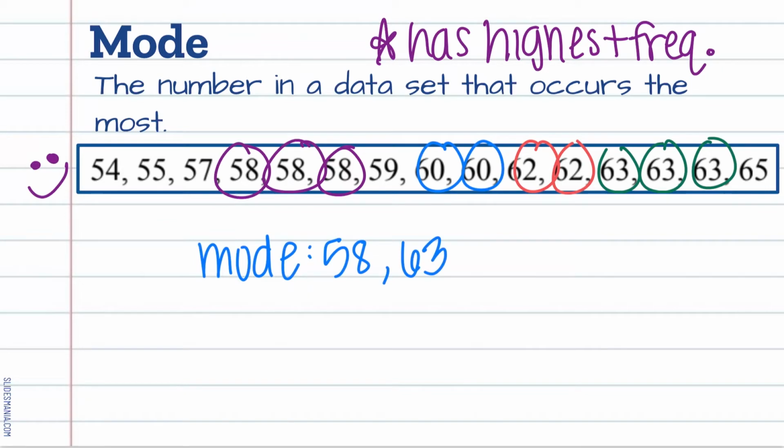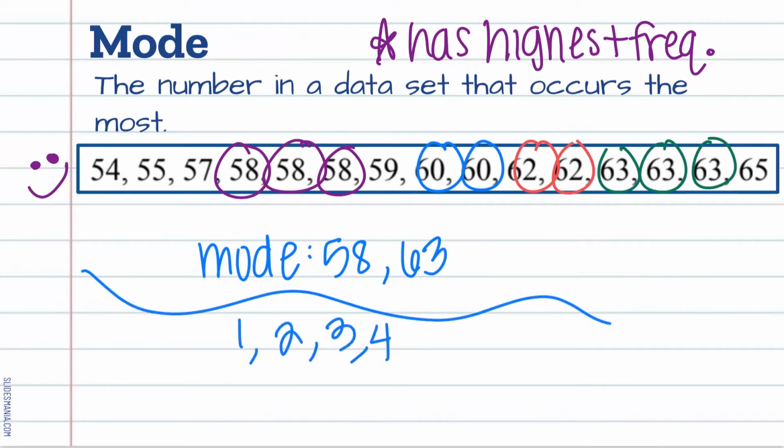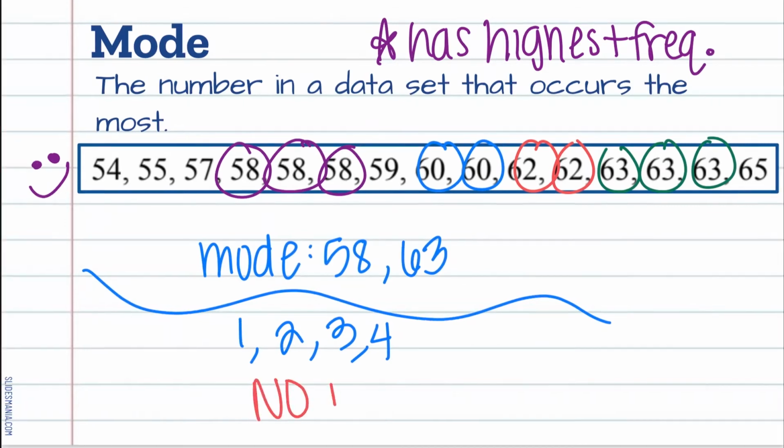If I have a data set, for example, 1, 2, 3, and 4, and I don't have a number that has a frequency that's the highest, if they all have the same frequency, then I don't have a mode.